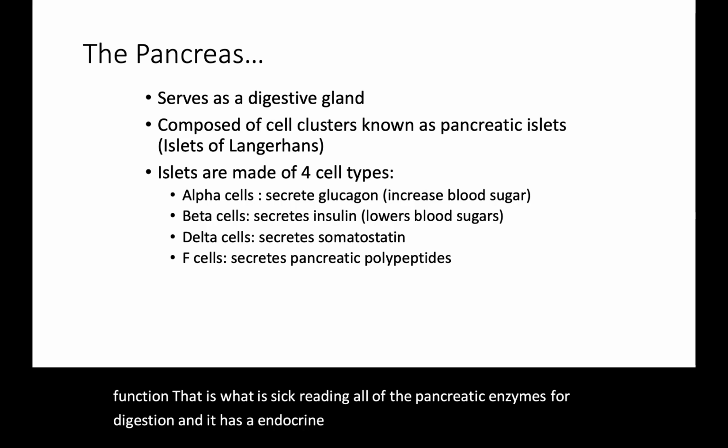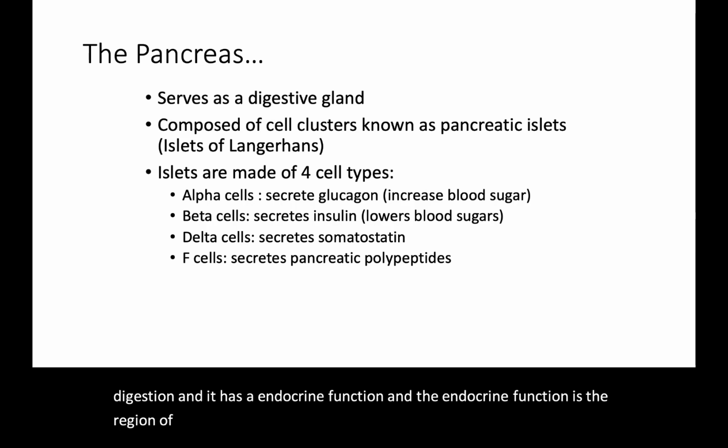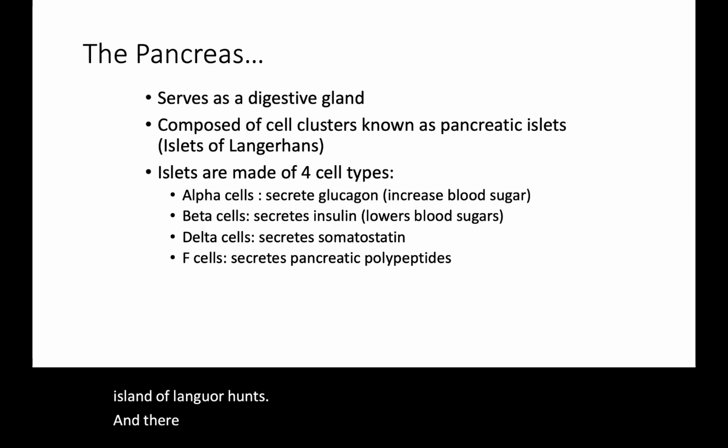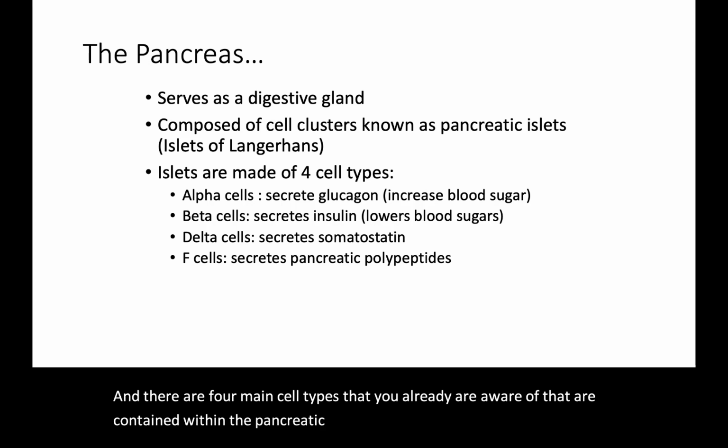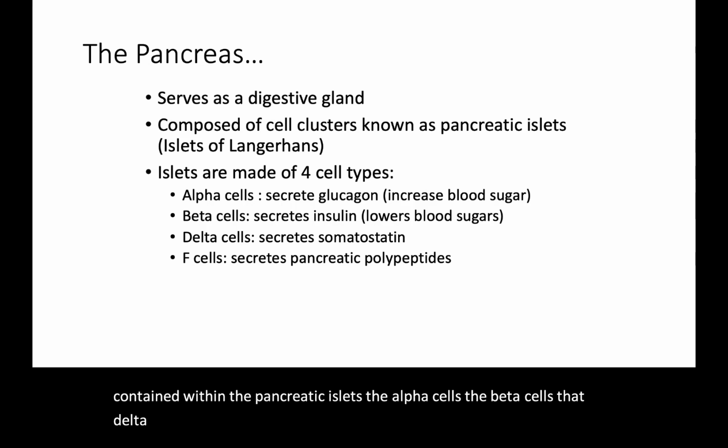And the endocrine function is the region of the pancreas that is known as the pancreatic islet or the islet of Langerhans. And there are four main cell types that you already are aware of that are contained within the pancreatic islets. The alpha cells, the beta cells, the delta cells, and the F cells.